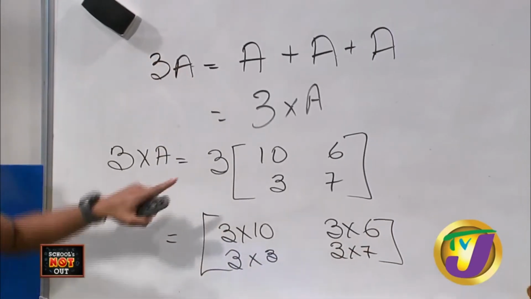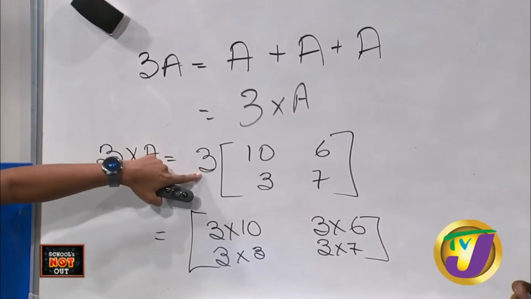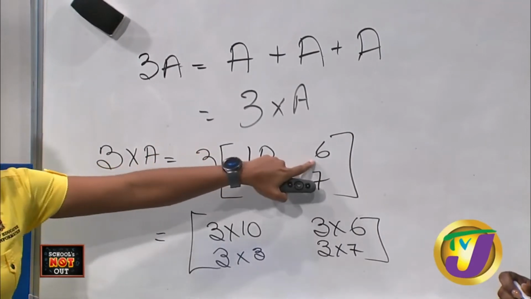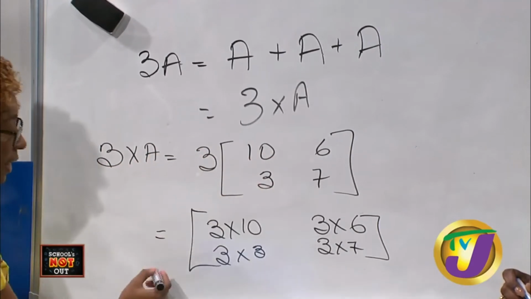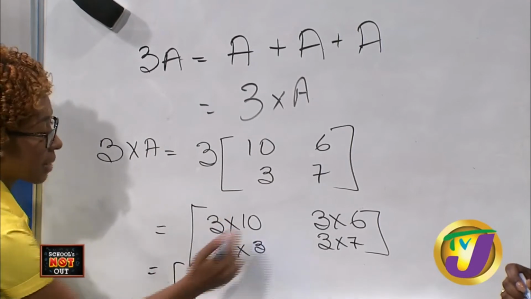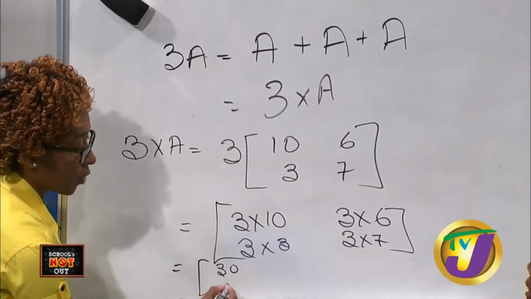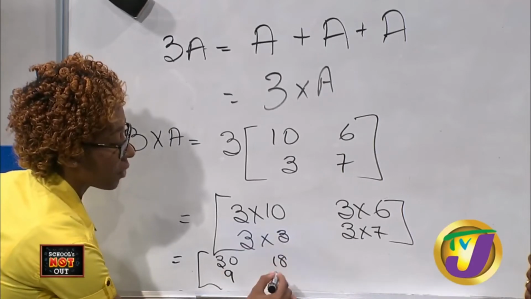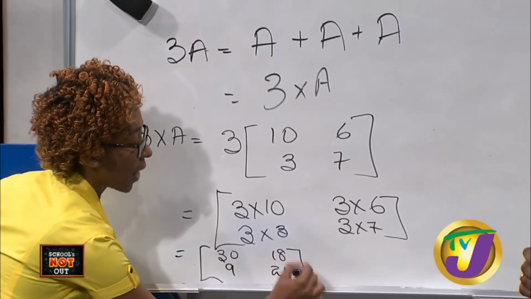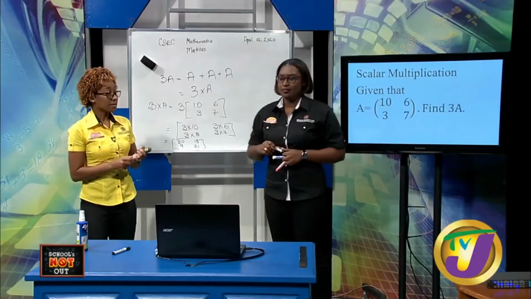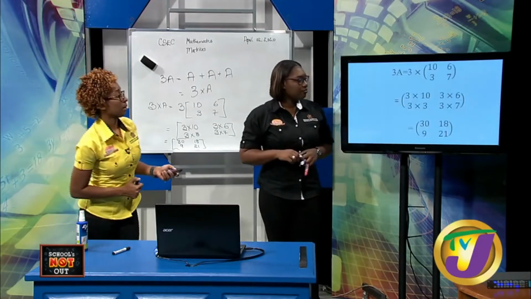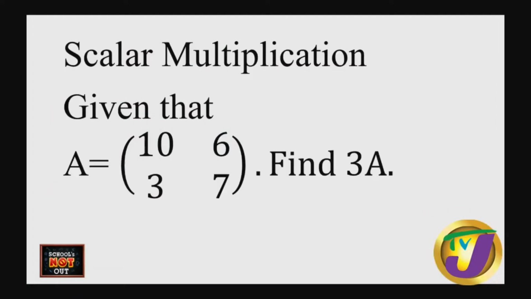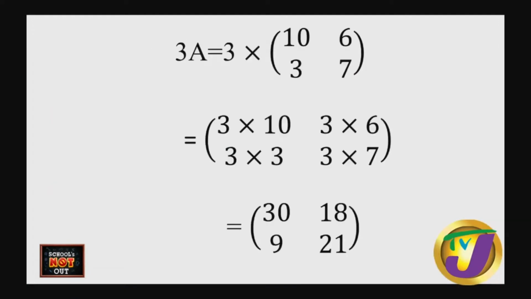So what we actually did was multiply our scalar 3 by each element in our matrix, which gives us 3 times 10 is 30, 3 times 3 is 9, 3 times 6 is 18, and 3 times 7 is 21. So let's check to see if we're correct. Yes, I am correct.